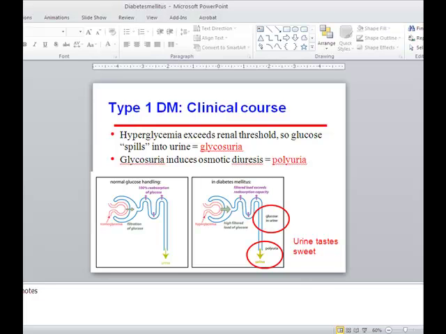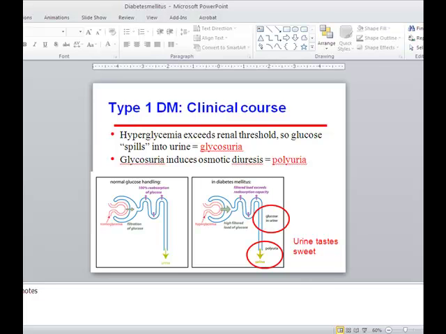However, in the case of hyperglycemia, you have elevated levels of glucose, so more than normal glucose is filtered, and the amount that is filtered exceeds the amount that is reabsorbed. Usually there's a balance between filtration and reabsorption, but the reabsorption can't keep up with the amount being filtered. So you end up with excretion of glucose in the urine that is referred to as glycosuria.